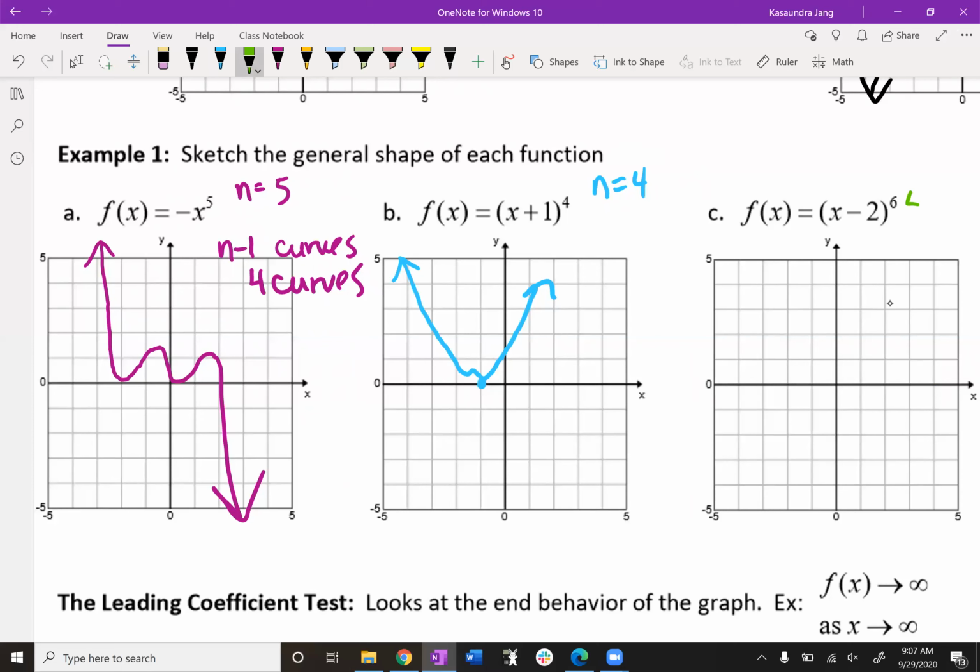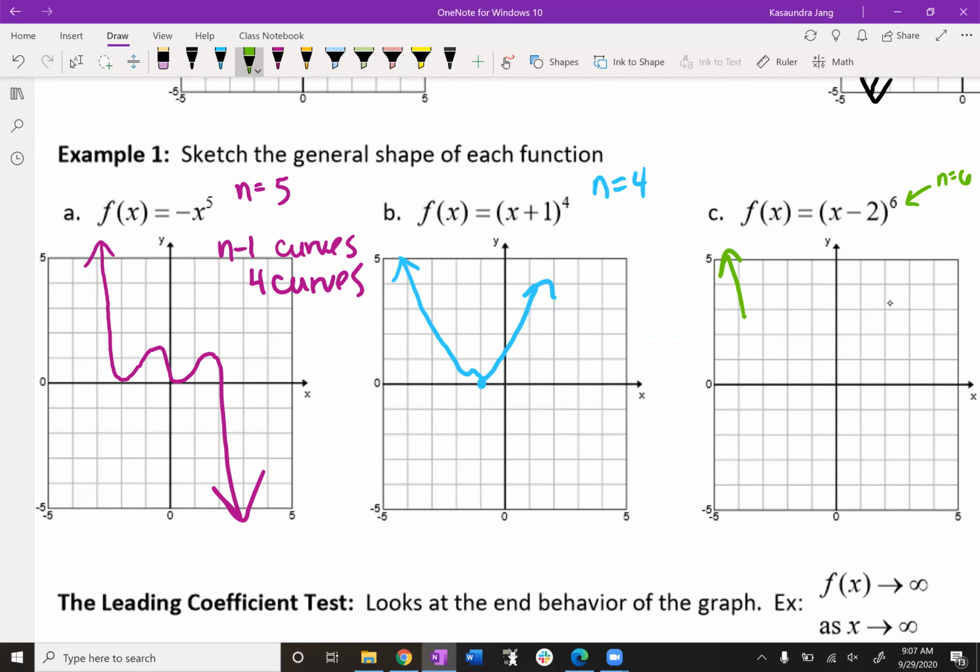So the 6 here is even, so they're both going to go in the same direction. Are they both going up then, or both going down? I know they're going in the same direction, but which direction? Both going up because it's not reflected.